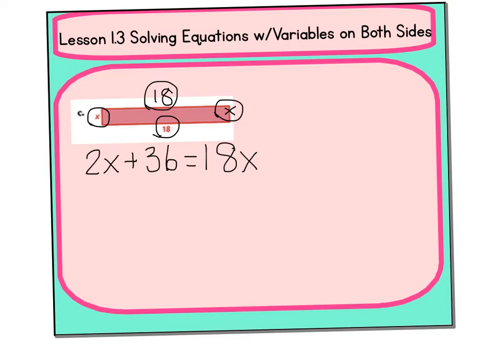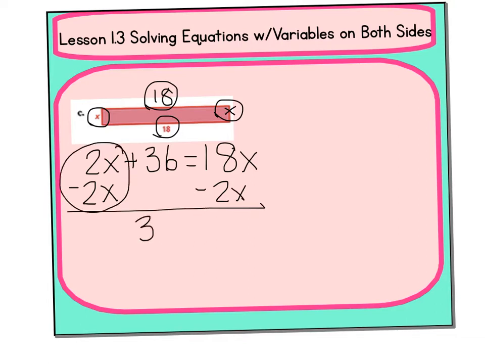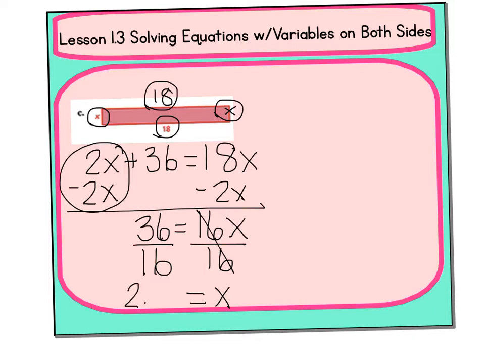I'm going to get all my x's together, so I'm going to subtract 2x from both sides, which leaves me with 36 equaling 16x. The x is not yet alone, so I've got to divide by 16 on both sides. x is going to equal 36 divided by 16, which is 2.25.